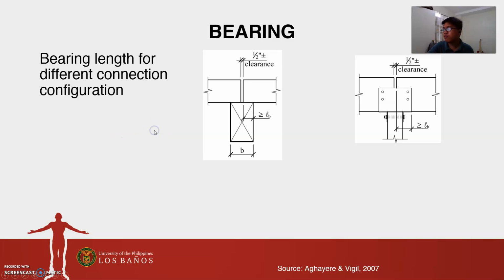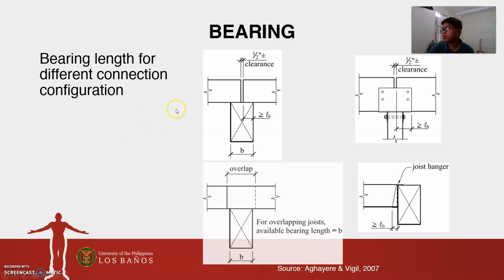Now it depends on the configuration or the connection. There can be different bearing length configurations, as you can notice here. In the case of connecting beams with a clearance, the length of bearing would be this part here. Next, if we use a gusset plate, then that would be this point to this point.